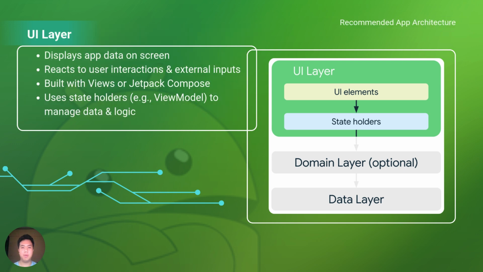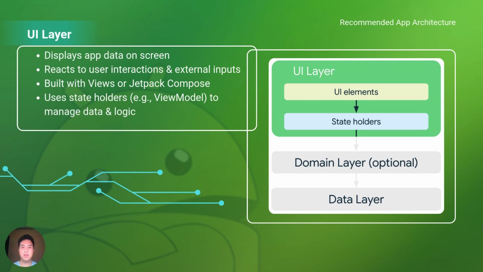Start with the first component, UI layer. The role of the UI layer or presentation layer is to display the application data on the screen. Whenever the data changes, either by user interaction or external input, the UI should update to reflect the changes.